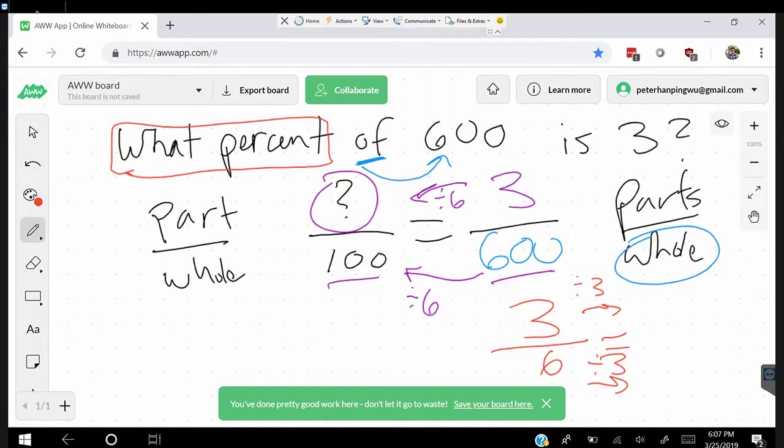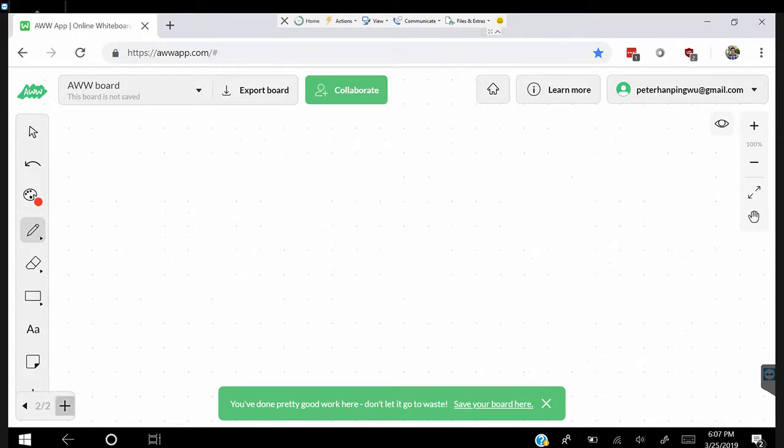It needs to be the same operation on the numerator and denominator, so divide by 3 on both to get 1/2. So we're asked what percent of 600 is 3? Our final answer would have been 1/2 over 100.